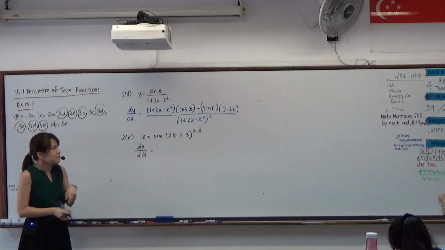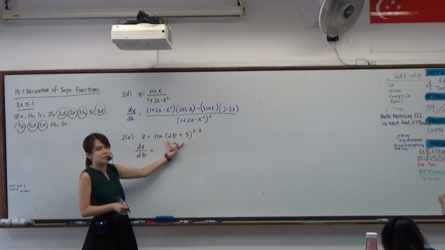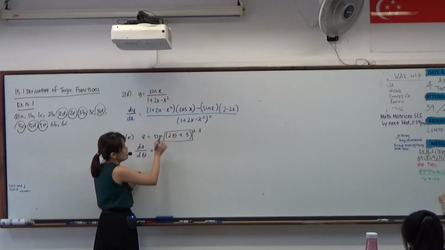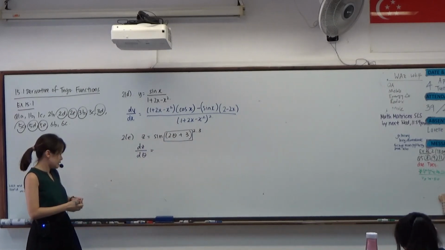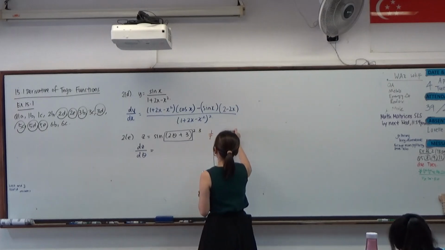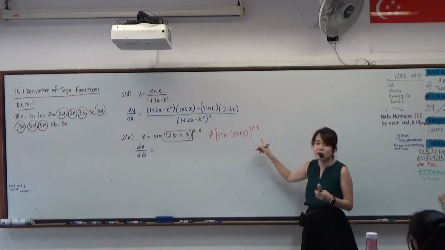One important thing is that this 2.3, the power itself, has a base of 2 theta plus 3. So the base is this one over here. It is not the same as having it written like this. They do mean different things.